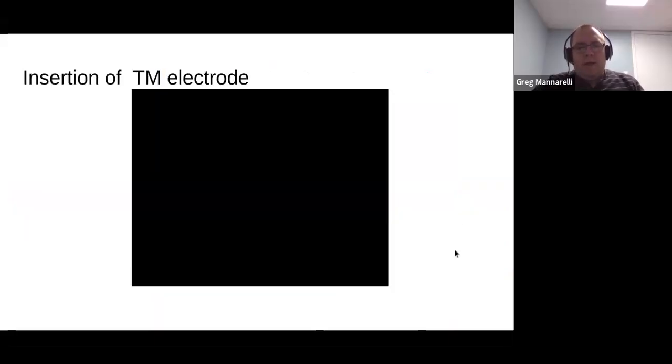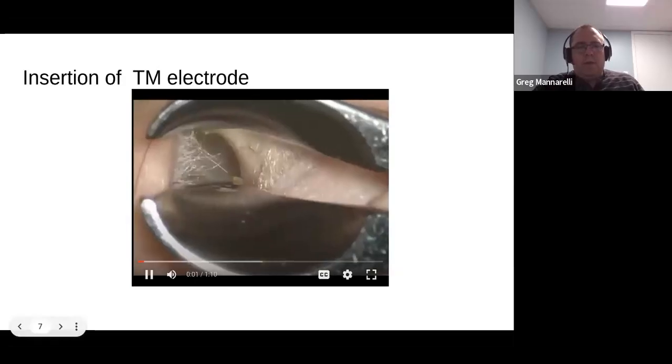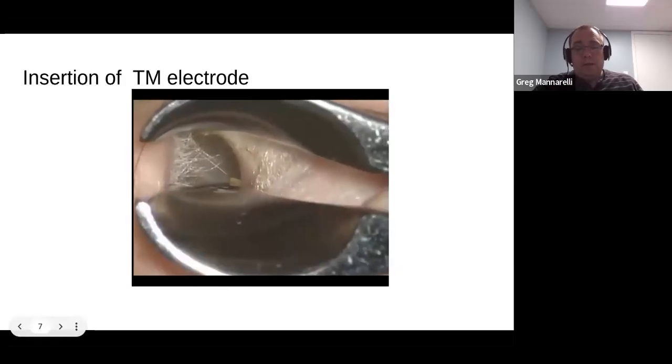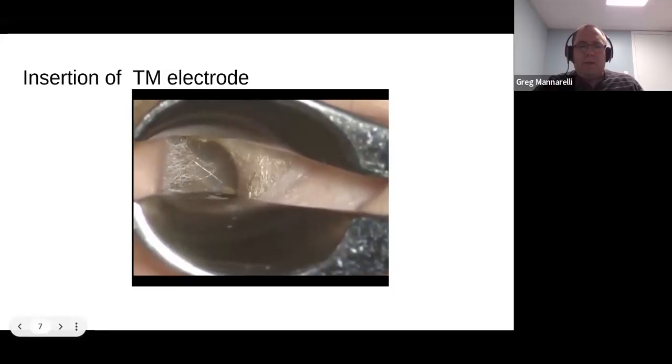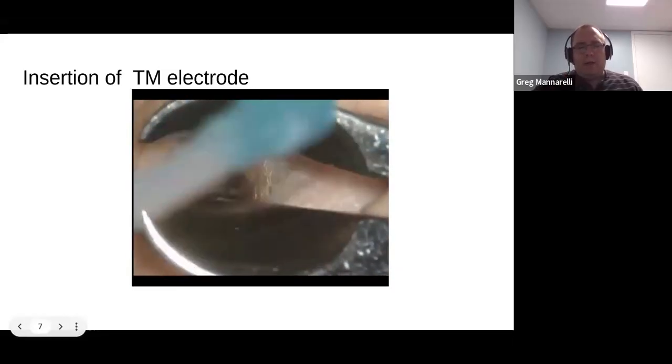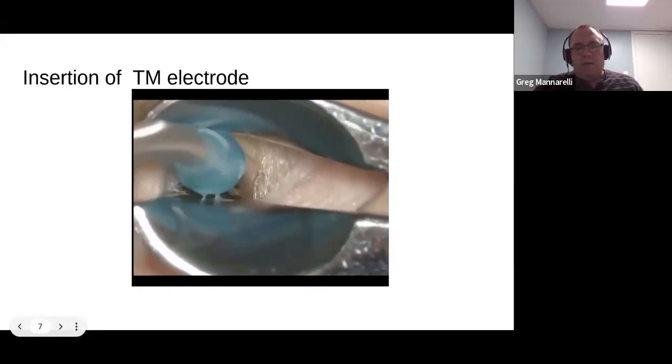And I believe I have a little video here demonstrating this getting inserted under the microscope. Typically when you do this, you're going to use a nasal speculum rather than an ear speculum, because you can remove that speculum around the electrode without dislodging it. So you get a nice clean view of the eardrum.